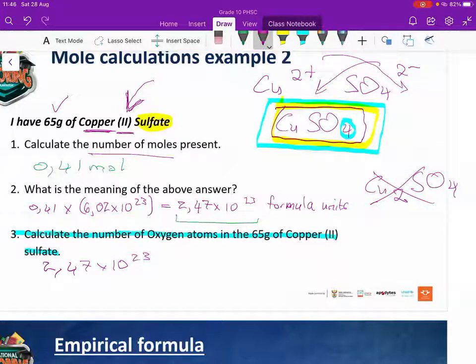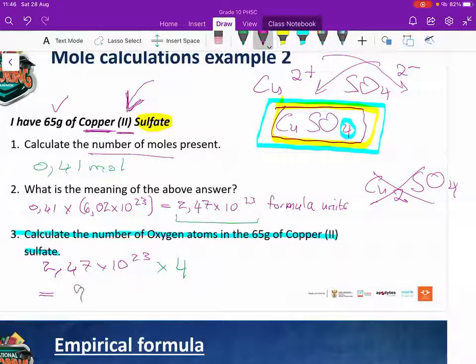It's 2,47 times 10 to the power of 23 sulfur atoms, but it's 2,47 times 10 to the power of 23 times 4 oxygen atoms, because for every one of the copper or sulfur, there is 4 oxygens. So what do we have to do? We have to times that 2,47 times 10 to the power of 23 by 4.